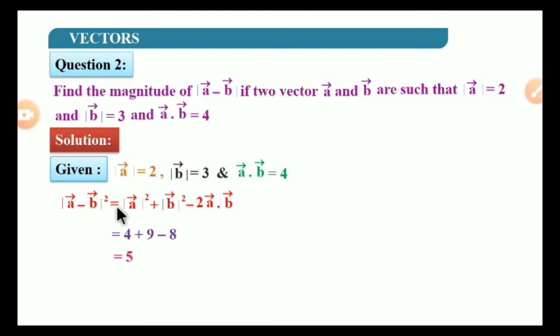But we have to find the magnitude of A minus B only, and here we have the square, so we have to take the square root on both sides, so we have the magnitude of A minus B is equal to square root of 5. Similarly to the previous example, here also we cannot take plus or minus, so we take only the plus term.